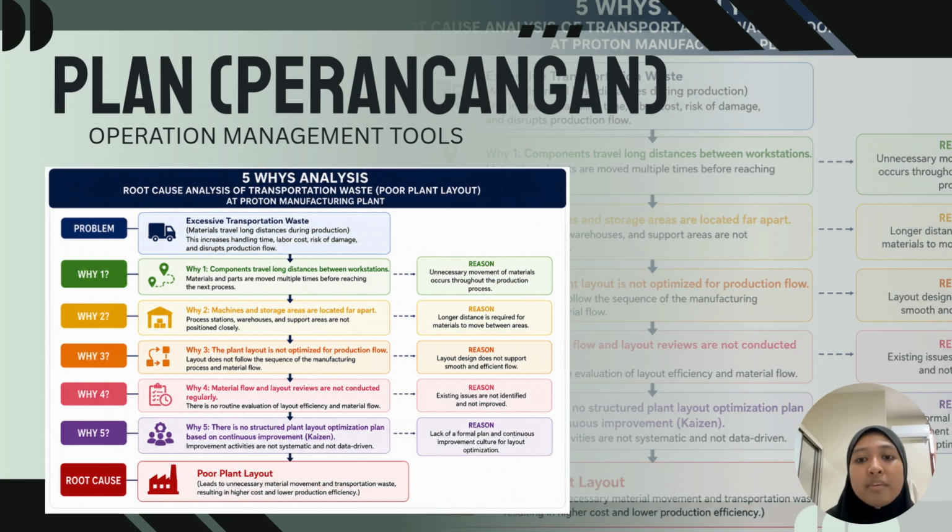The third why reveals that the plant layout is not optimized to support efficient production flow. Furthermore, layout reviews are not conducted regularly and continuous improvement activities are not systematically implemented. Therefore, the root cause is identified as poor plant layout, which results in unnecessary material movement, higher handling costs, and lower production efficiency.